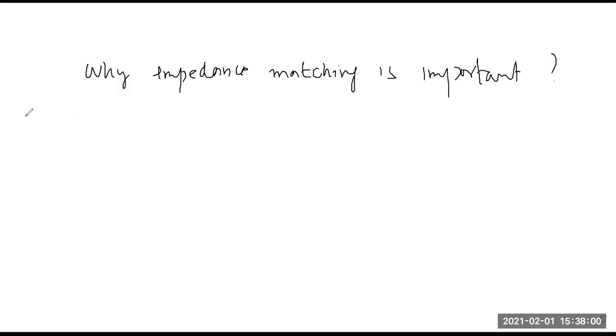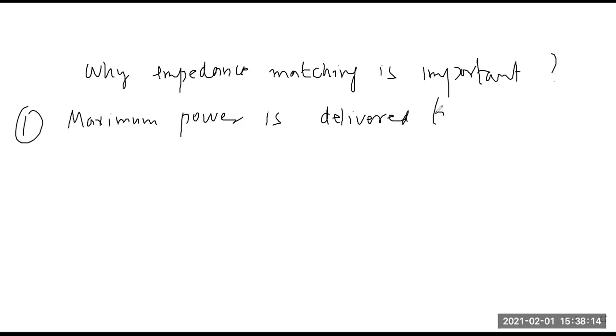There are a number of reasons for that. One of the reasons is, of course, as I mentioned, that maximum power is transferred to the load. Maximum power is delivered. So if you want to ensure that maximum power is transferred to the load, you have to be concerned about impedance matching.